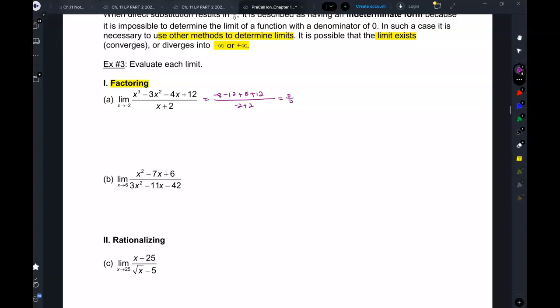So what you have to do then is you have to factor. Now, here's the thing. This numerator here is a cubic with 4 terms. When you have a situation like that, always try to see if you can factor by grouping. Okay, so we're going to factor this by grouping. Now, let's talk about notation.